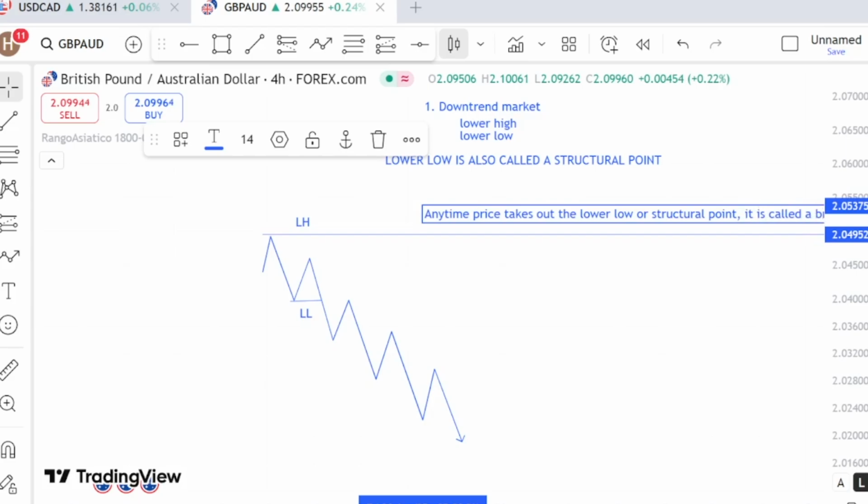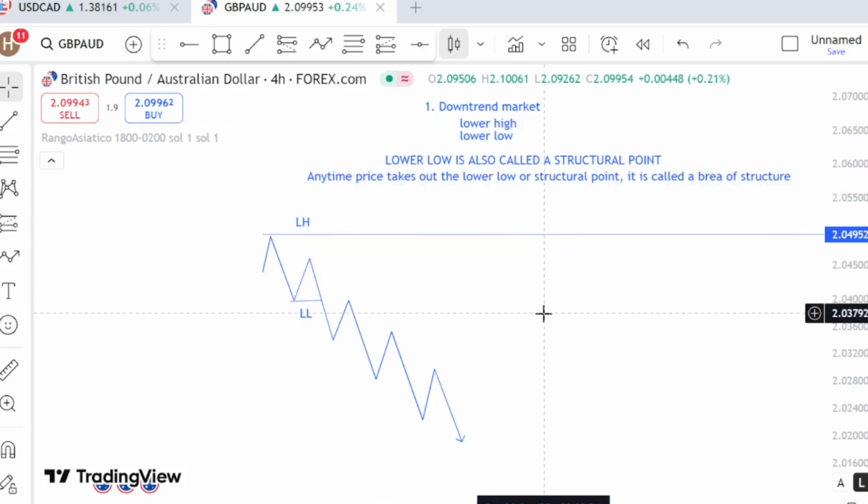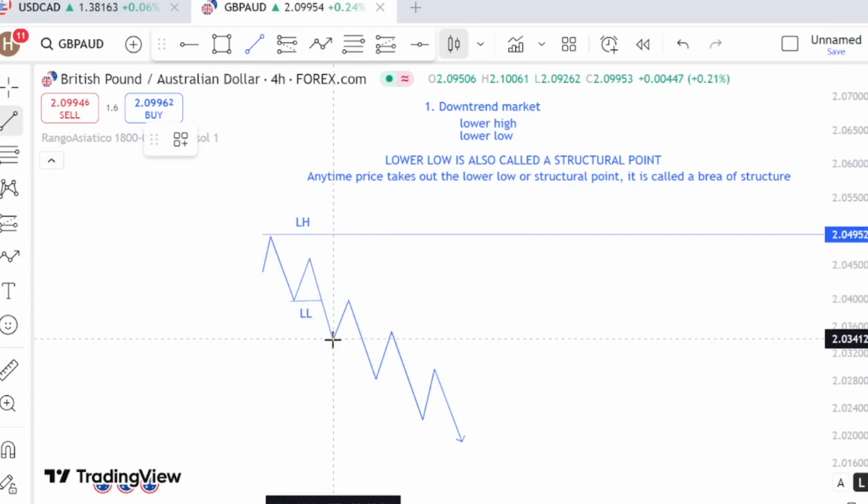This information I'm giving is premium information, trust me. A lot of people don't know why we call it break of structure, and it's because of this name. Anytime price takes out the lower low, which is this one, it is called a break of structure to the downside. So when I tell you a break of structure has happened in a market, it is because price has already taken out the structural point.